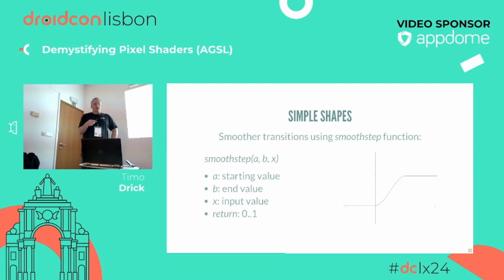You provide a starting value and an end value, and the input value itself, and then it will return a value between 0 and 1. But it's not linear. You provide a range, starting and end, and at the beginning of this range, it will slowly start to increase, and then later at the end, it will also do a smooth transition.